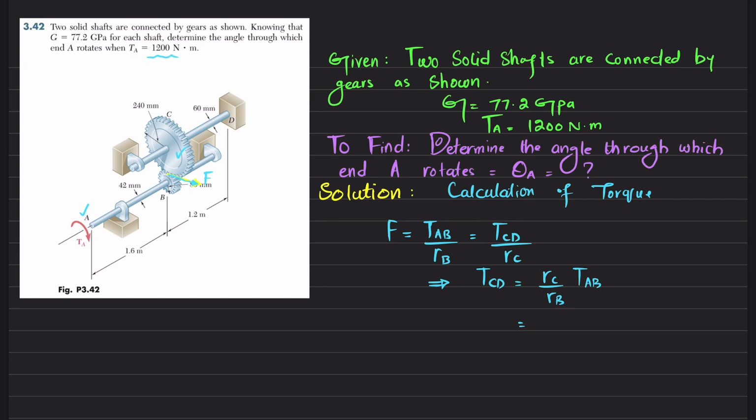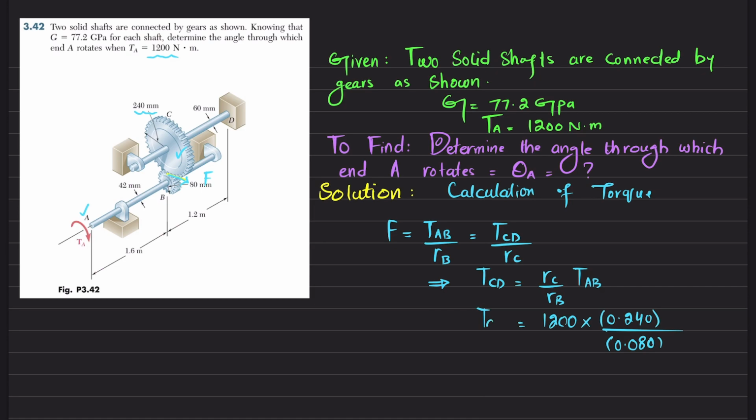TAB is given as 1200 Newton meter, so we put in the value: 1200 multiplied by RC. RC is 240 millimeter, which is 0.240 meter, divided by RB. RB is 80 millimeter, which is 0.080 meter.